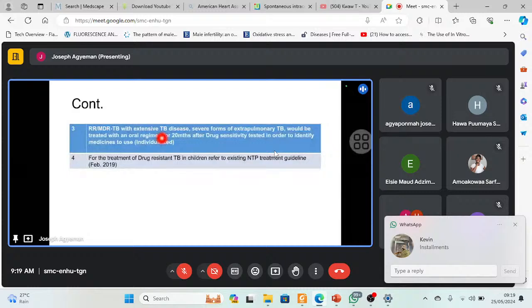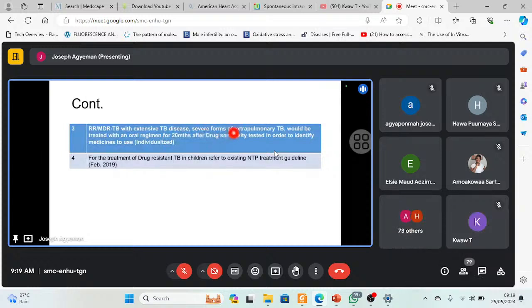If somebody comes with an extensive TB disease or a severe form of extrapulmonary TB, then of course, this will be treated according to susceptibility pattern. Then the team will have to analyze. It should be an individualized treatment.